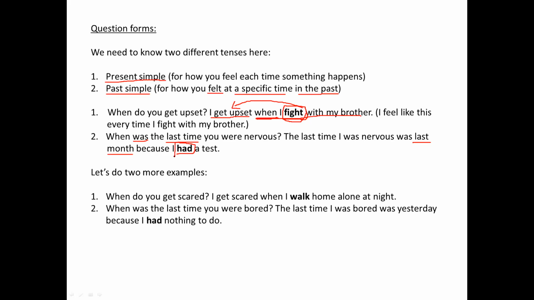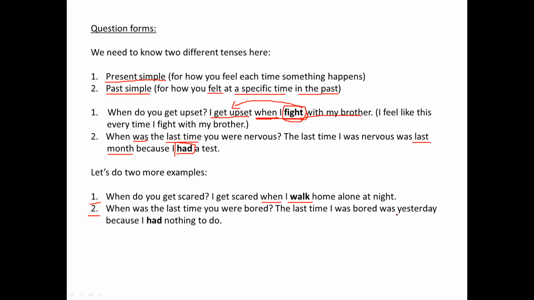So those are the 2 kinds of questions. I've given you 2 more examples. When do you get scared? I get scared when I walk home alone at night. Present verb plus when. Number 2, when was the last time you were bored?